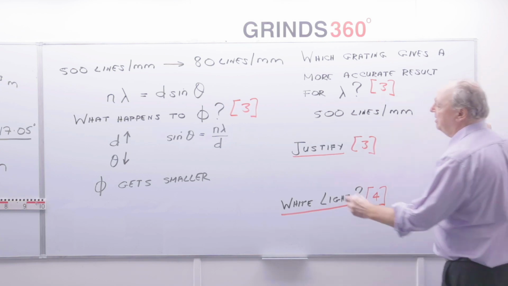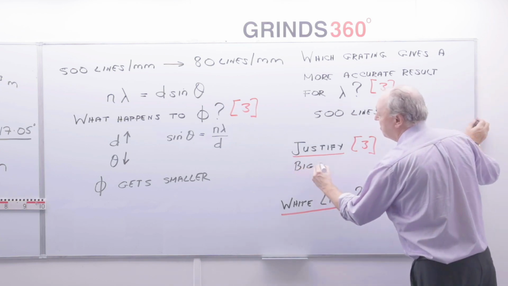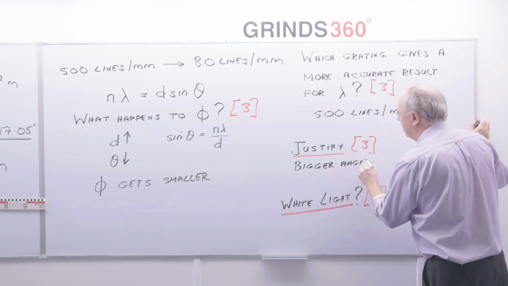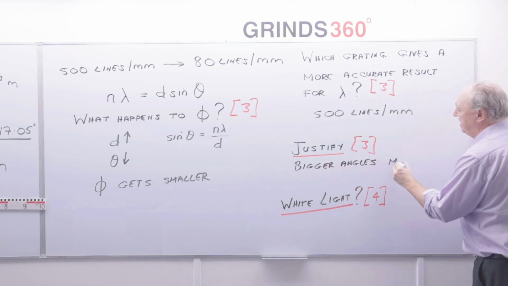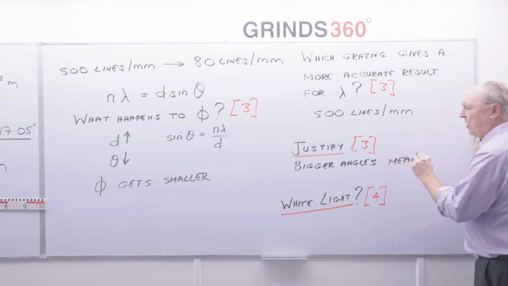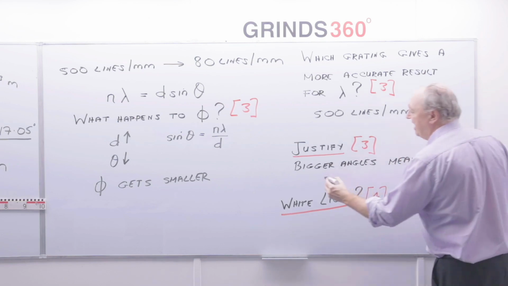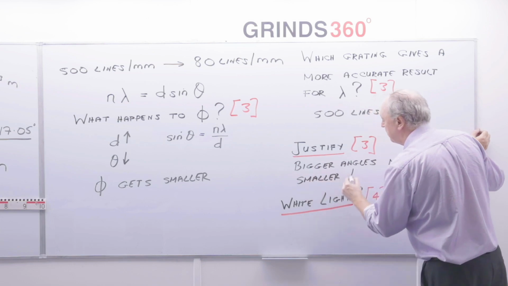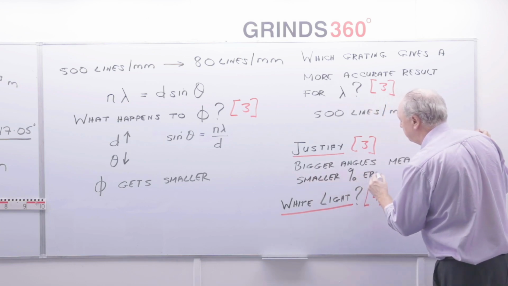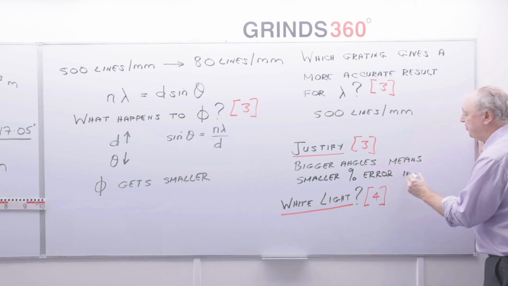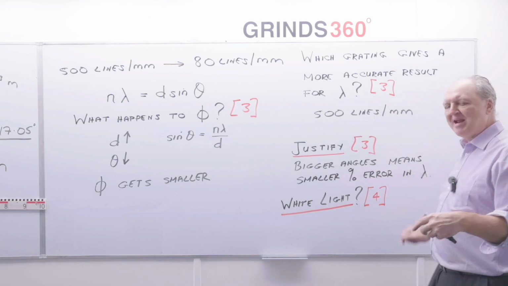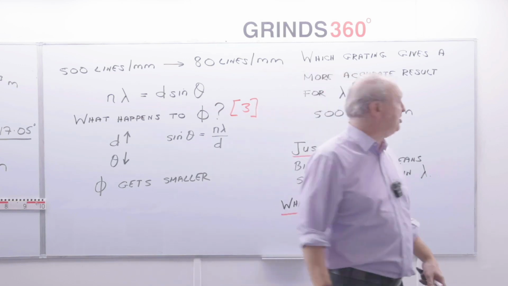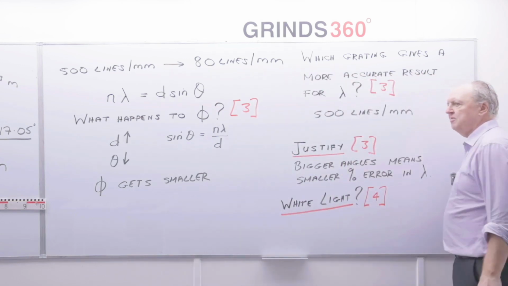Well, we can say bigger angles. What does that mean? That means, and we use this quite a lot, a smaller percentage error in your result, which is the wavelength. That's a more accurate result if it's got a smaller percentage error. So that's my justification for that, and that's 3 marks.